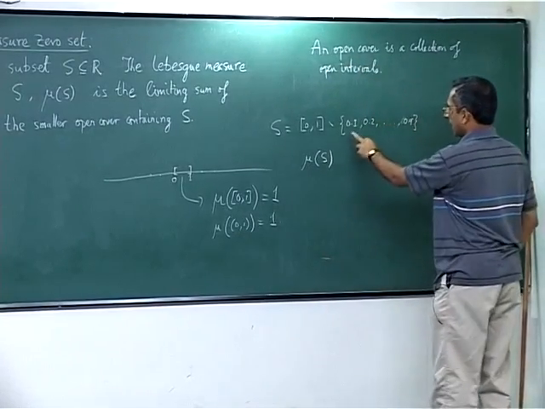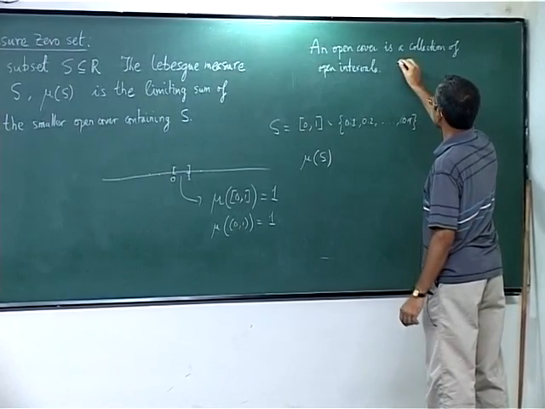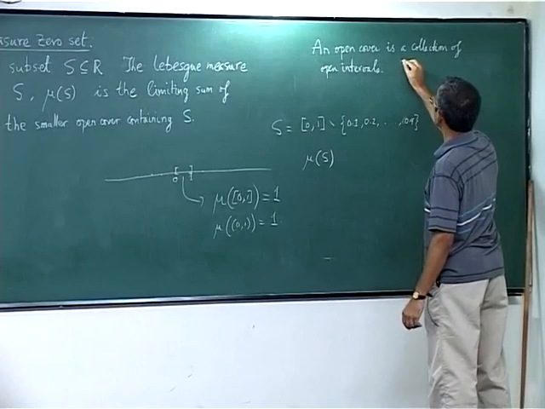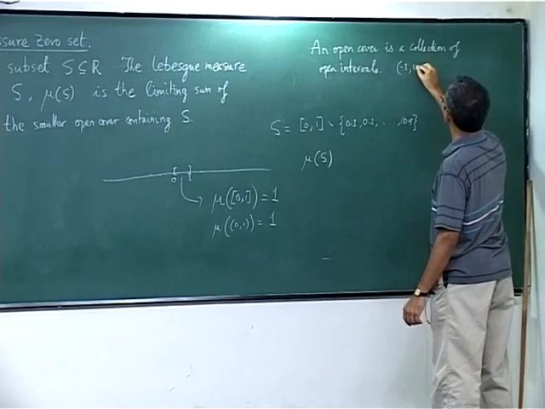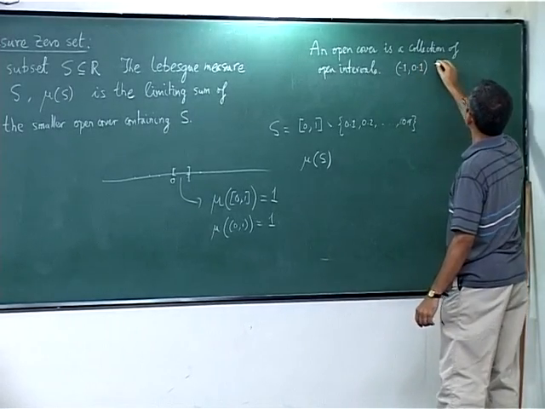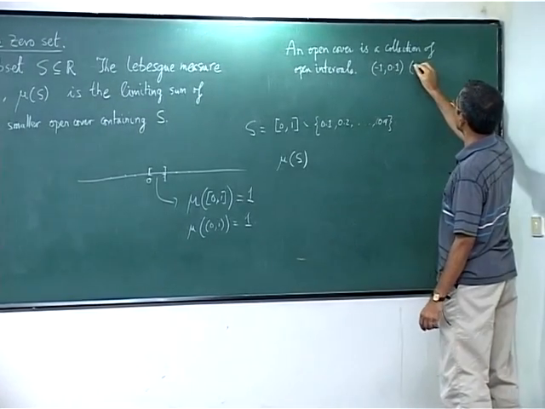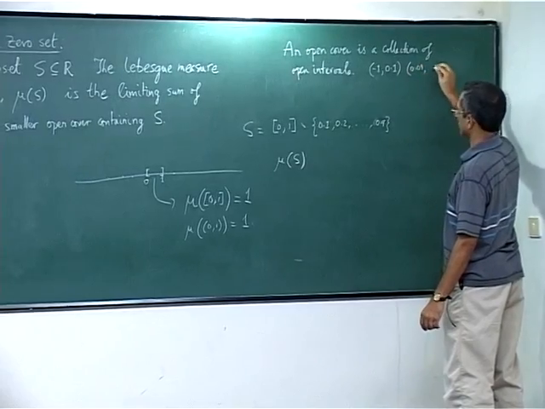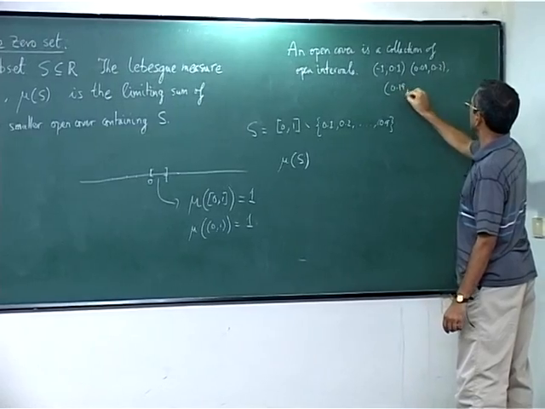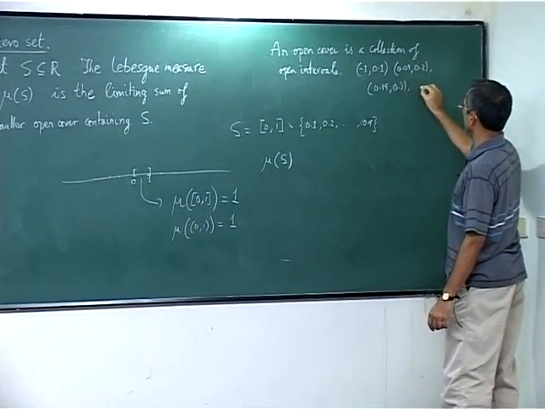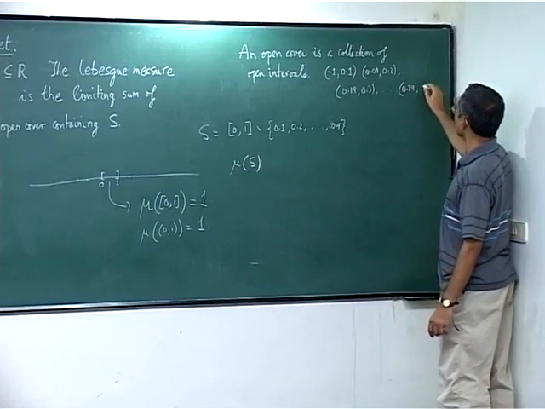For instance, an open cover that covers the set S is, let's say, something slightly less than 0, or just take -1 to 0.1, and then something slightly less than 0.1, we can say 0.09 to 0.2, 0.19 to 0.3, and so on. The last one can be 0.89 to something more than 1, let's say 2.